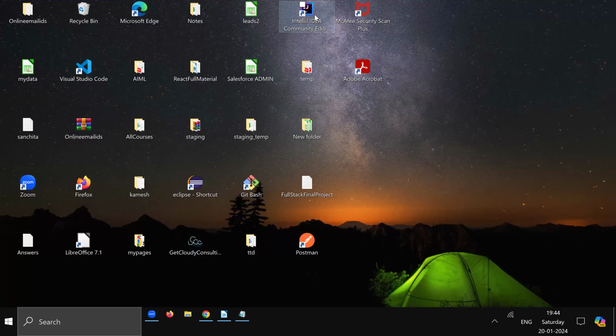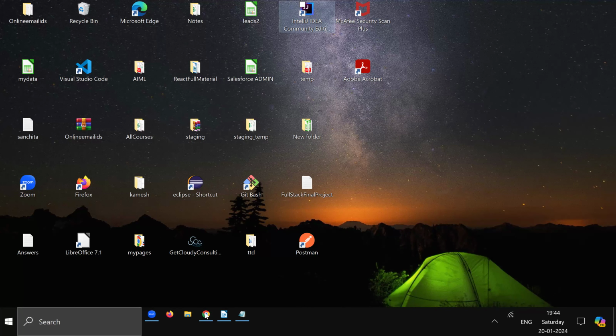But remember, you have to download and install IntelliJ IDEA only after first installing JDK. JDK means Java. Java has got many versions, right? 8, 11, 17. Recommended version is 17.